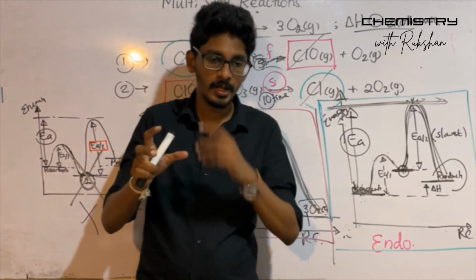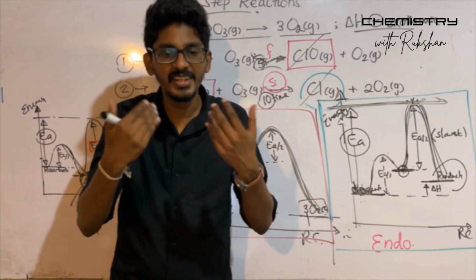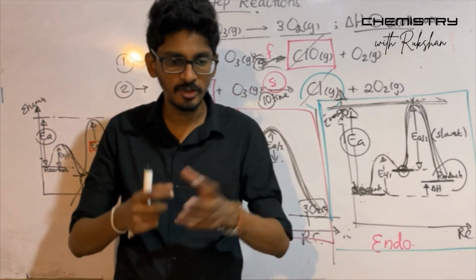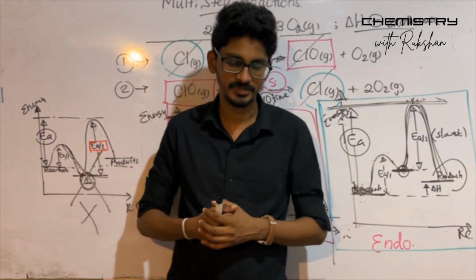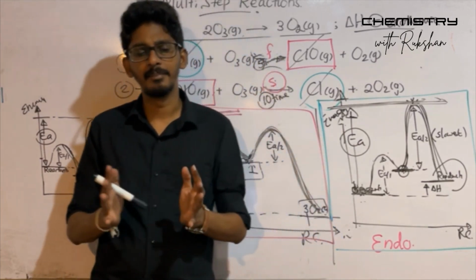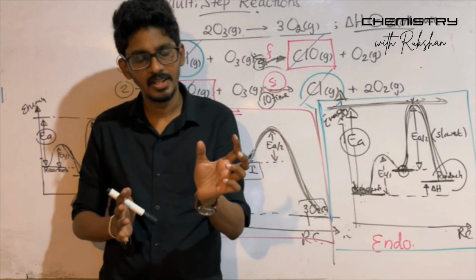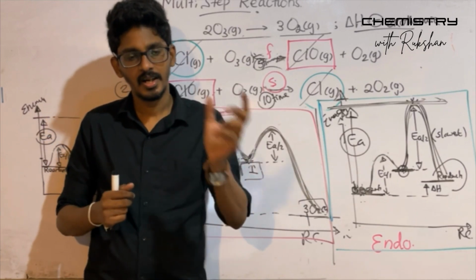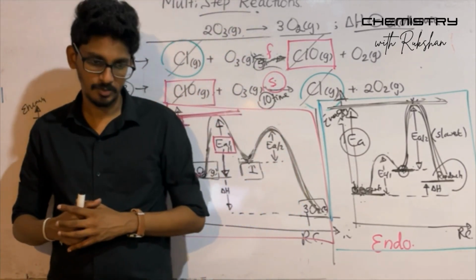Then you have to look at the molecules at the reactant side of the rate determining step and count 1, 2 like that. That number is your molecularity. So the molecularity of a multistep reaction is actually the number of reactant molecules appearing at the slow step of your mechanism.